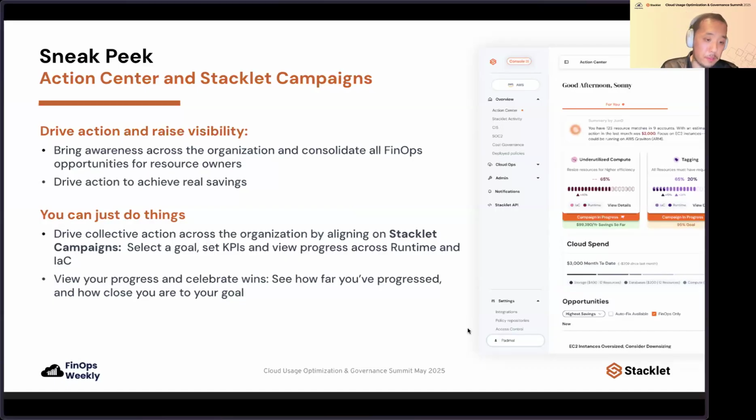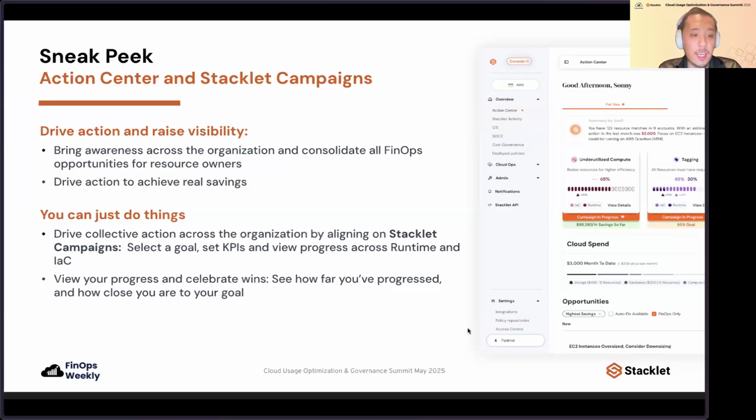But in terms of features coming in the upcoming roadmap, number one is Action Center and Stacklet campaigns. So, being able to drive visibility on opportunities, and drive action in the console to achieve real savings. I think that's something that we all want. We don't want to just look at a dashboard and admire all the stuff that we could be doing. We also want to help you align your resource owners on what we call Stacklet campaigns.